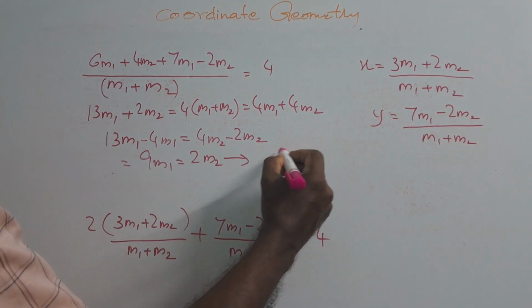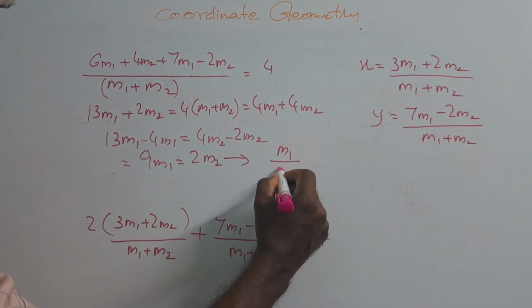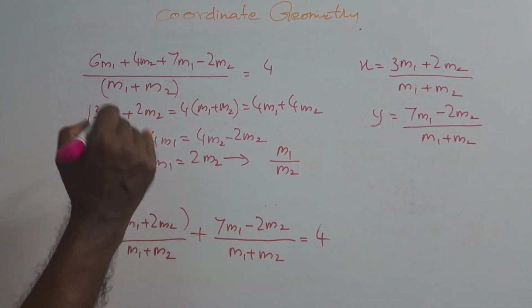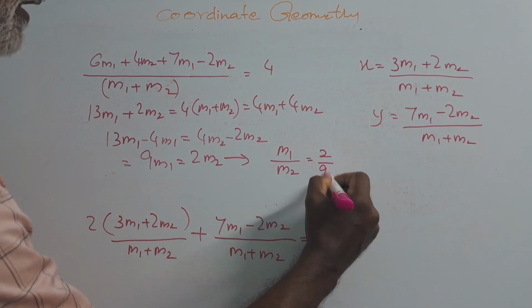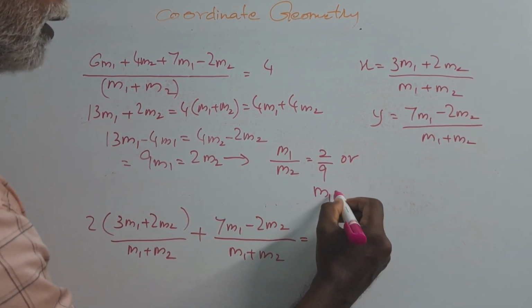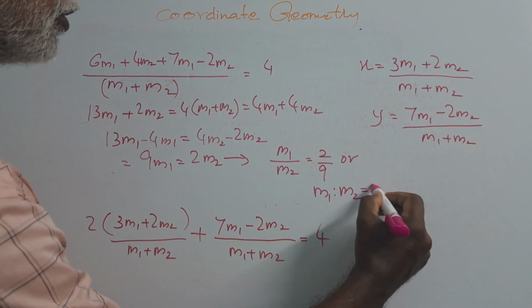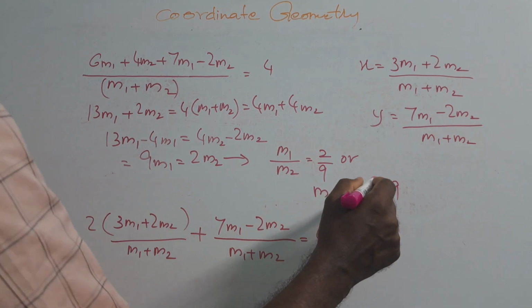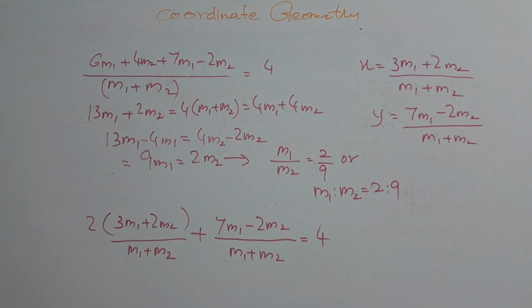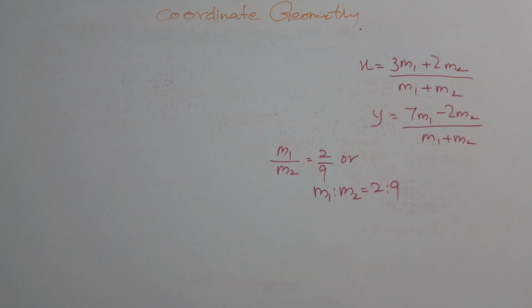That is m1 by m2, by cross multiplication, m1 by m2 equals 2 by 9, or m1 is to m2 equals 2 is to 9, or m1 is equal to 2, m2 is equal to 9. In this question, we are asked to find the ratio only. The ratio is 2 is to 9. It is in this ratio the line divides the line segment.